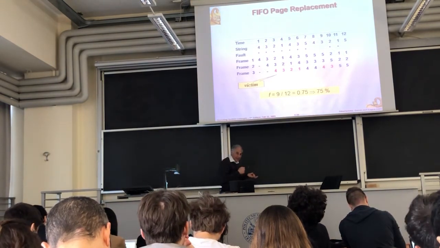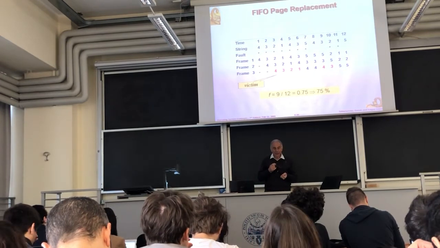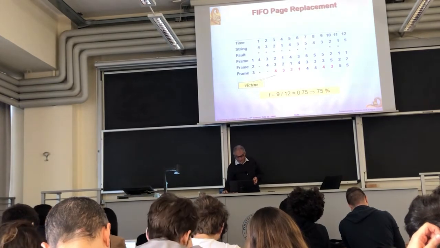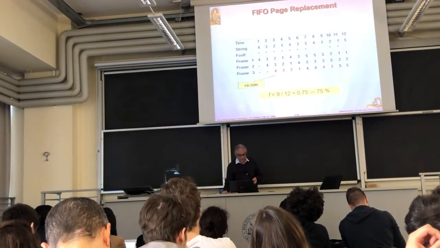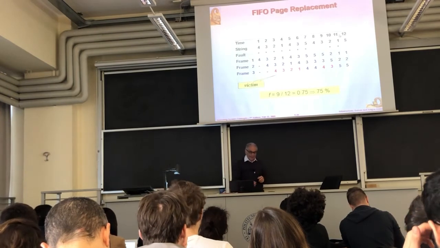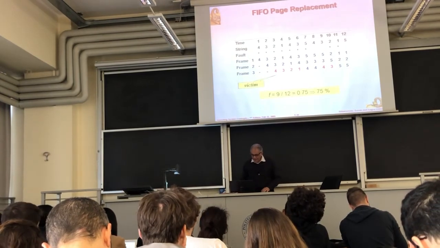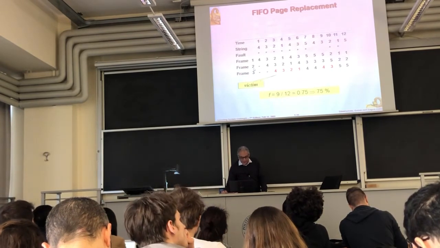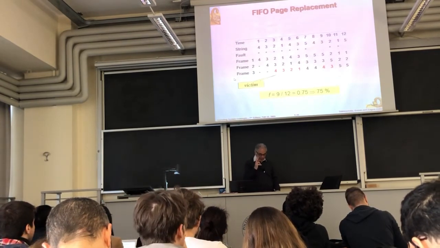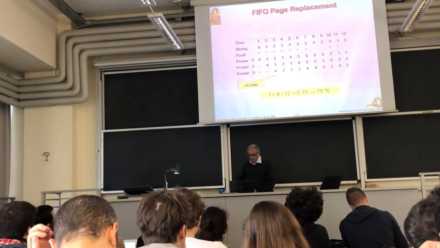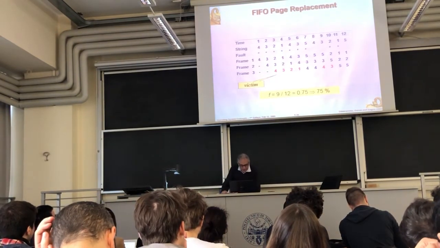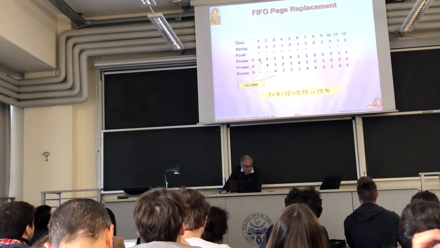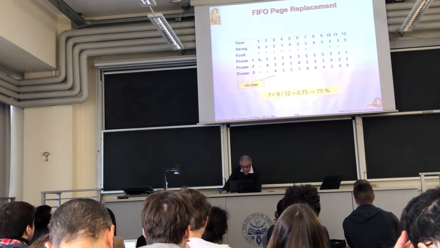It's the first in, first out replacement strategy. So consider this reference string, and here we mark where there is a page fault, and we have only 3 frames of memory for this string. Initially the memory is empty, so there is a page fault here, and page 4 is loaded on frame 1.